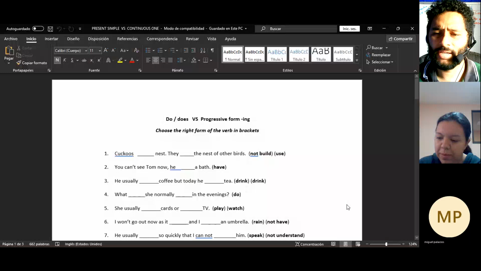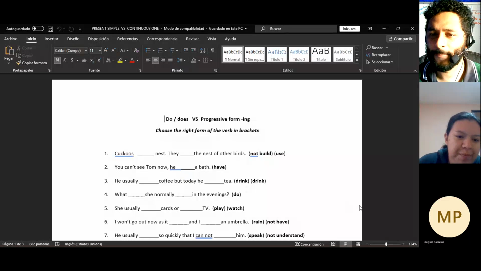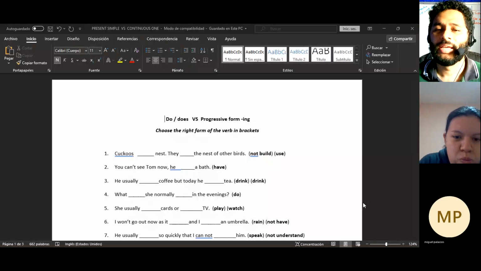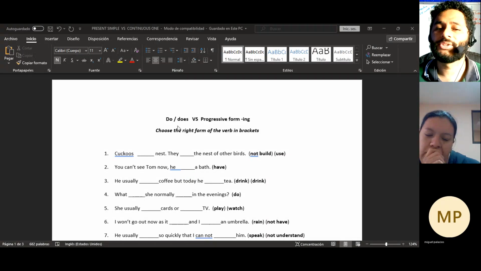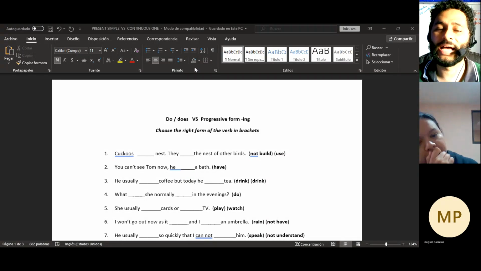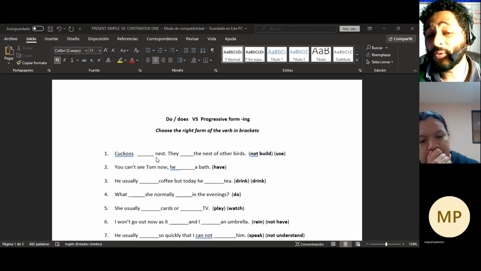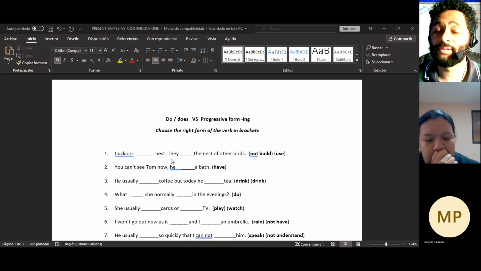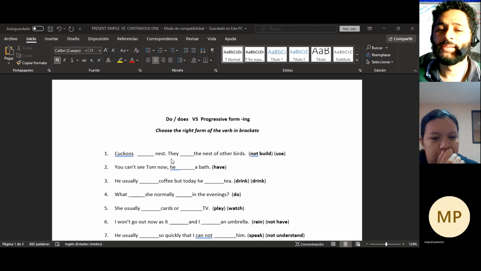So can you see my screen now? Yes. Okay, so in this case, what we have to do is choose between do and does and the progressive form, according to what the sentence is trying to communicate. For example, cuckoos nest. Do you know the meaning of nest?